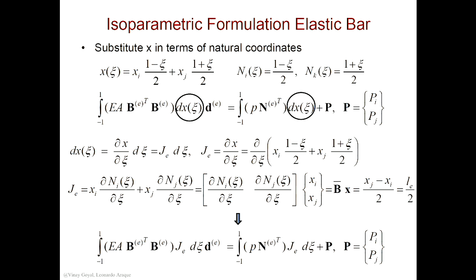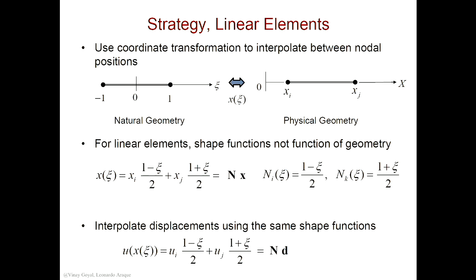Now, we can do the calculation. So what is the derivative of (1 minus c) divided by 2 with respect to c? Minus 1/2. Right? And for the other term, plus 1/2. So xj minus xi divided by 2. You agree? What is xj minus xi for a linear element? That's the element length.